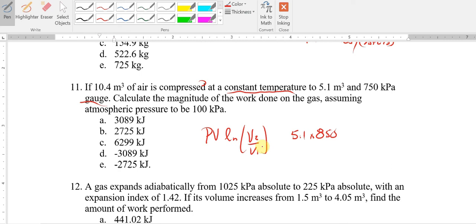And then times the ln, and it's V2 over V1, which is going to be 5.1 over 10.4, and the answer is going to be minus 3089. Minus, because this natural logarithm comes out minus, we're compressing it, work's going in. Work in is minus, that's the definition.